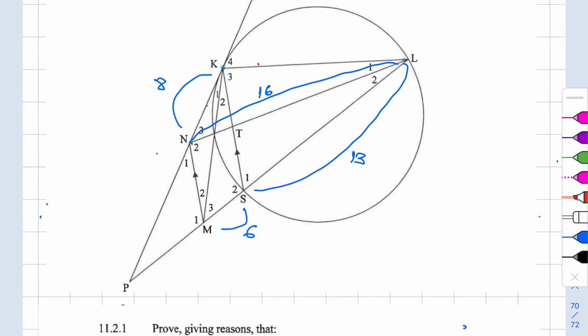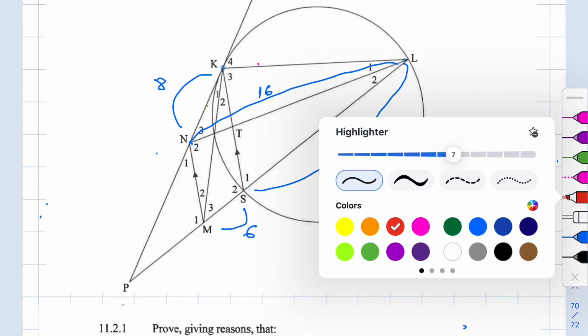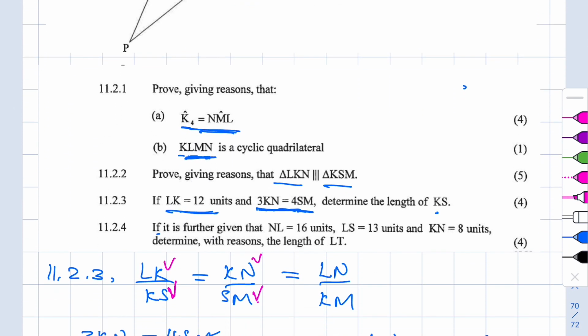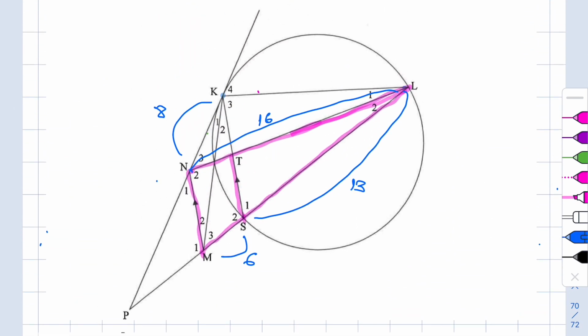If we use this triangle, let me try and highlight the triangle, and use the theorem that says line parallel to side of a triangle, because we are looking for LT. So we can say LT over NL.